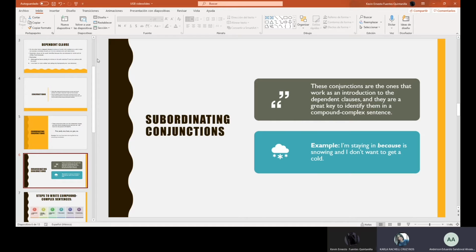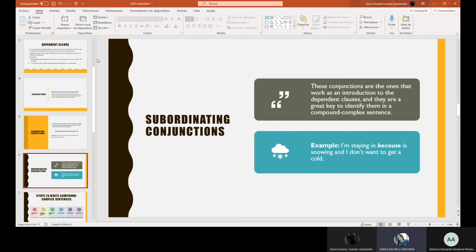Hello, teacher, classmates. I am going to explain about subordinating conjunctions. These conjunctions are the ones that work as an introduction to the dependent clause, and they are a great key to identify them in a compound complex sentence.